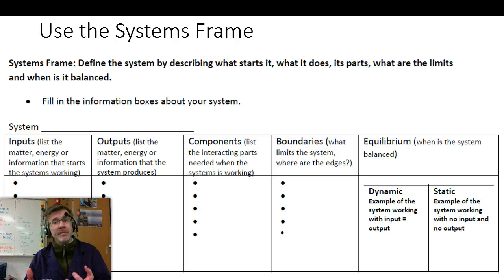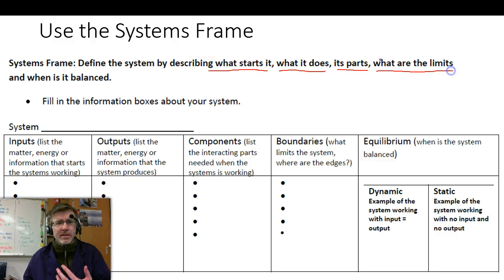The systems frame basically says, define the system. I give you something, a child on a swing, a crazy water wheel heating up some other water on a stove type thing. You tell me what your system does, describe it, what starts it, what it does, what its parts are. What makes it start?